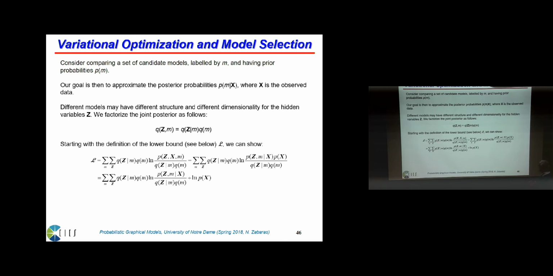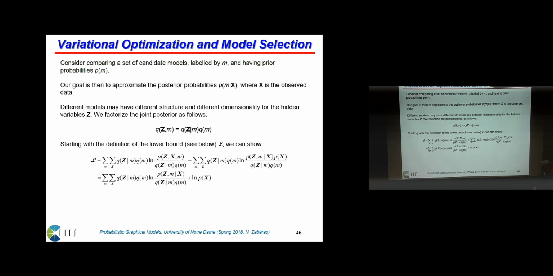I put my approximate posterior in the expectation, and then I have the log of the joint likelihood. Notice the joint involves my real data X, my Z and my model, because I have now made the model an unknown.